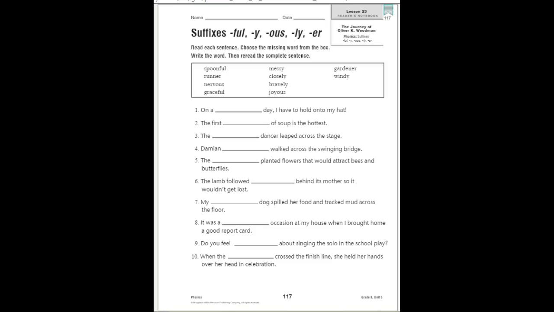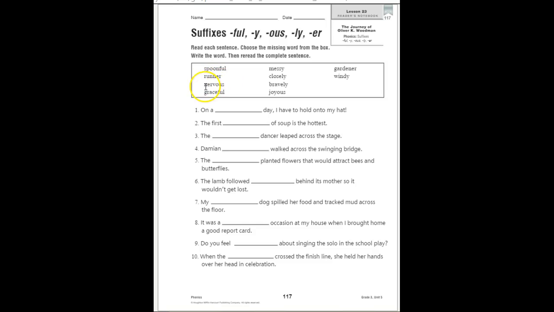So let's look at the words in the box. Spoonful, runner. I want you to observe the word runner here. For run, we doubled that final consonant before we could add the ER.